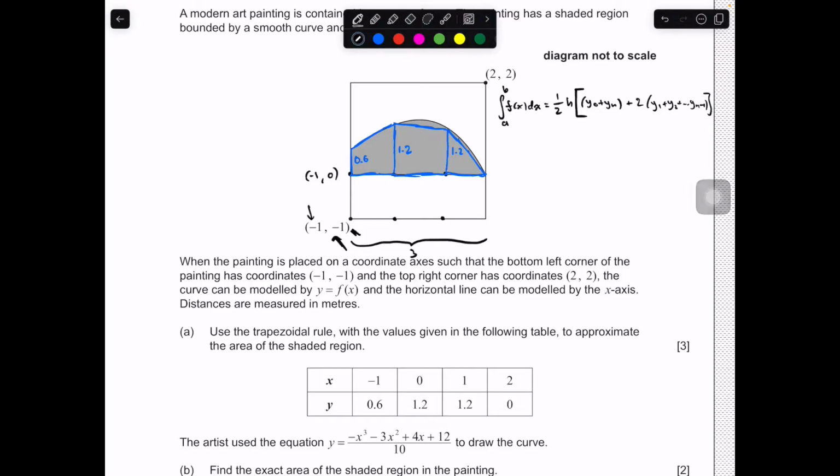And what that means is it's everything up to the second last one. Remember, this is the last one right here. So let's go ahead and write those values in.